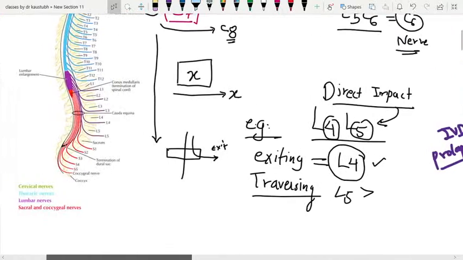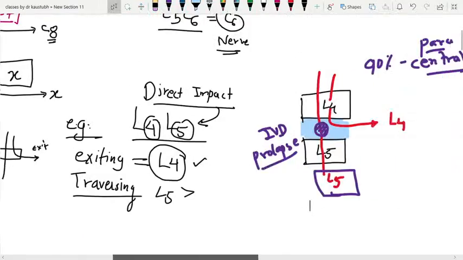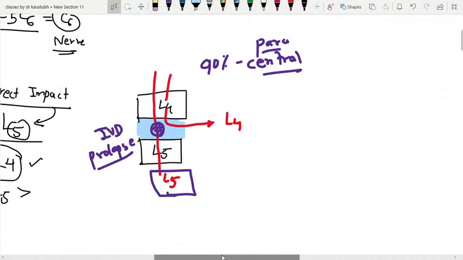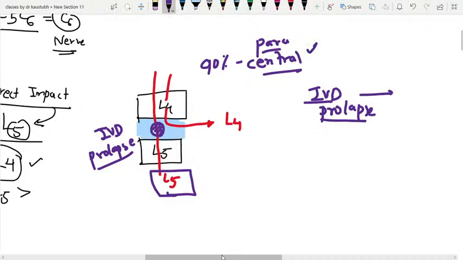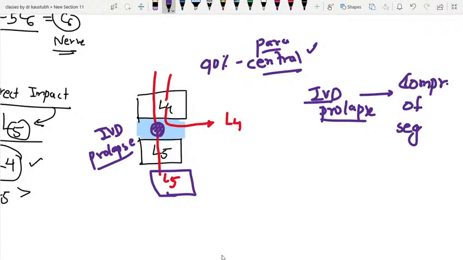So that's the concept. The concept basically to be learned here is that if there is an intervertebral disc prolapse which is most commonly paracentral, you will get the compression of the segment level below.